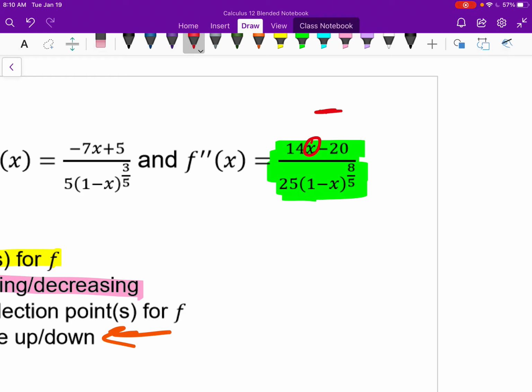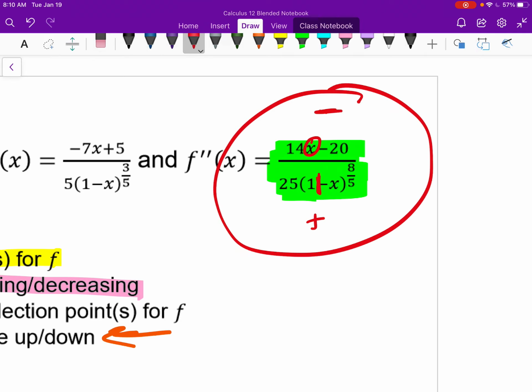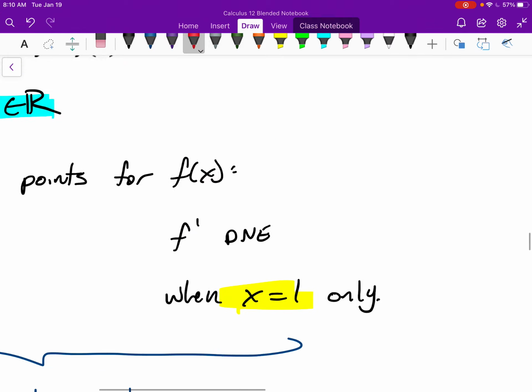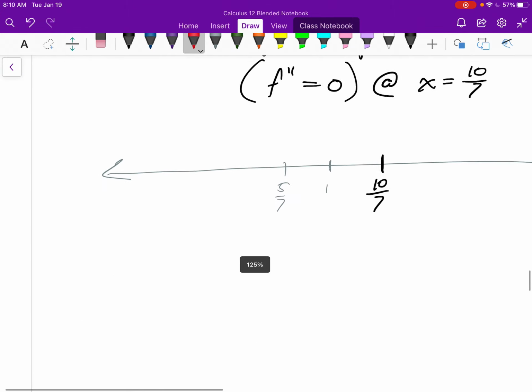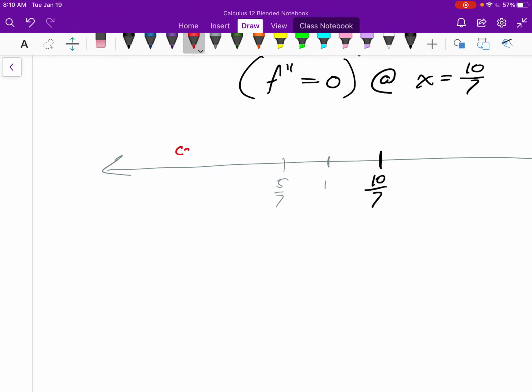My denominator, 1 minus 0 is 1. To the power of 8, fifth root, 25, it's all going to be a positive number. So in the end, when I have a number less than 10/7, my second derivative is a negative divided by a positive, so it's a negative number, which means it's concave down. So all this region, concave down, all the way up to 10/7.